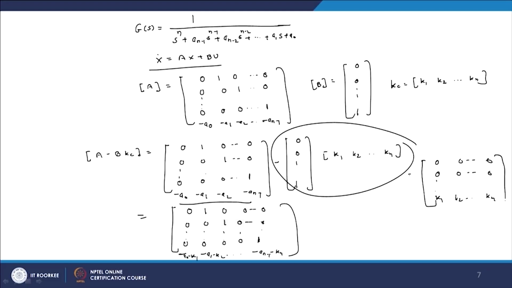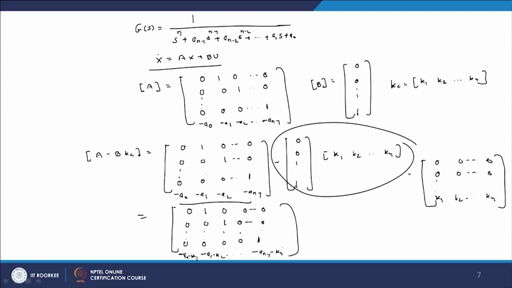Therefore, when we subtract this from this, we get minus a0 minus K1, minus a1 minus K2, up to minus a n minus 1 minus Kn. Now, for this we have to determine the eigenvalues, because eigenvalues govern the performance.